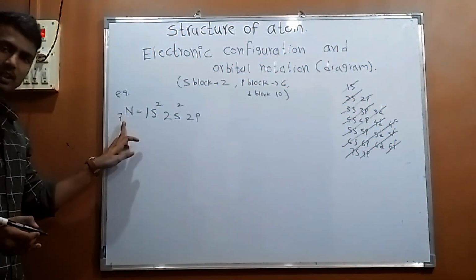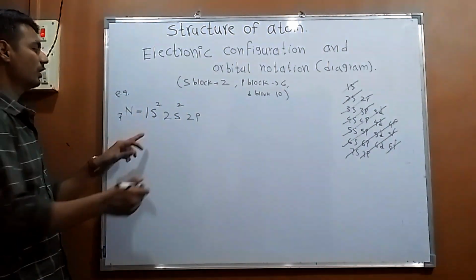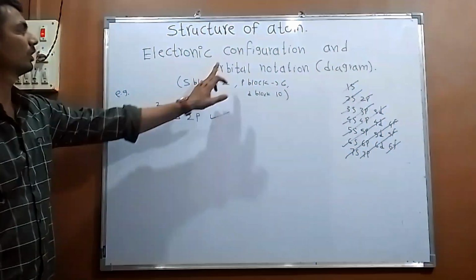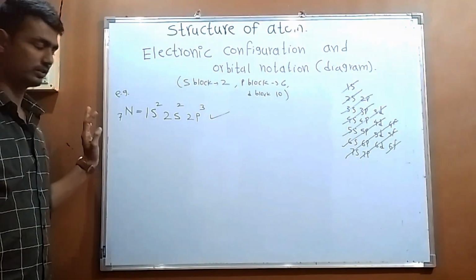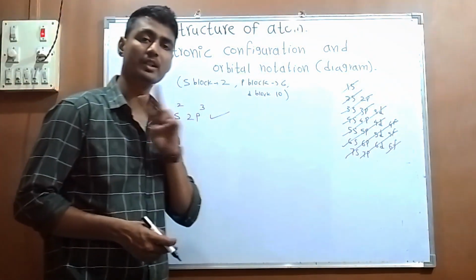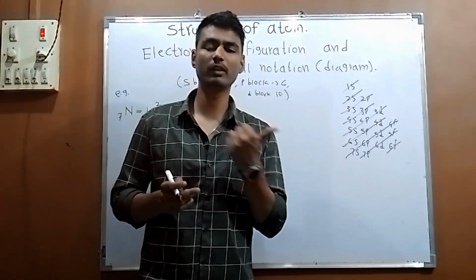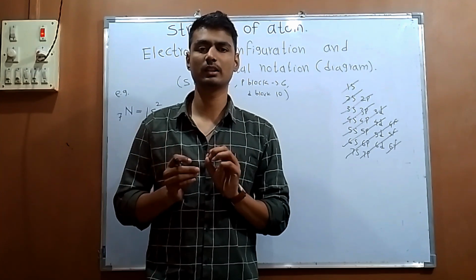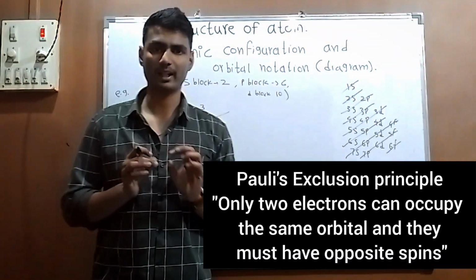So we have to complete the number 7. 2 plus 2 is 4, so how many remaining? 3. So this is the electron configuration of nitrogen. Then there are two principles: one is Pauli's exclusion principle and the second is Hund's rule. These principles are very important for drawing the orbital diagram.